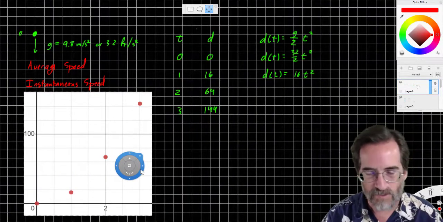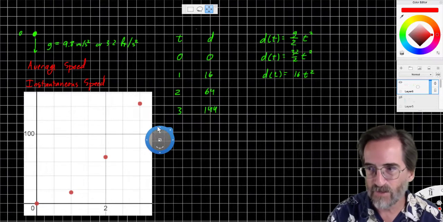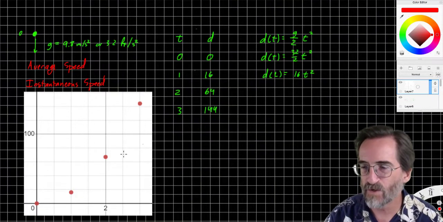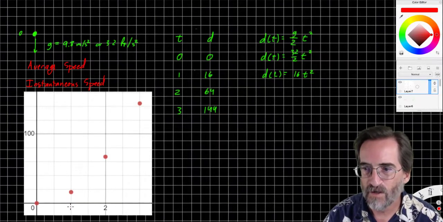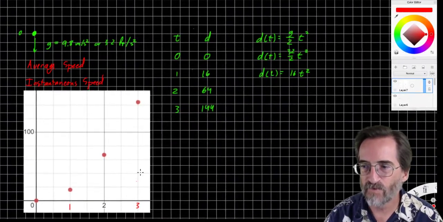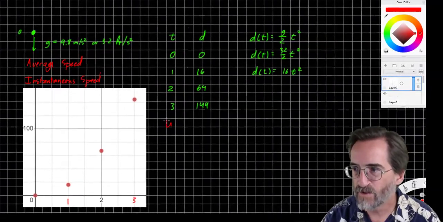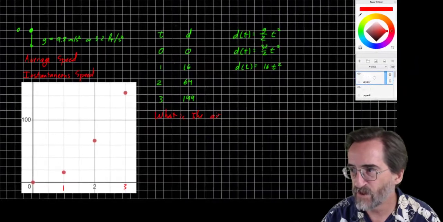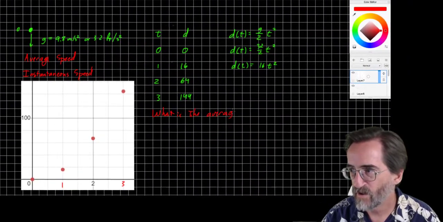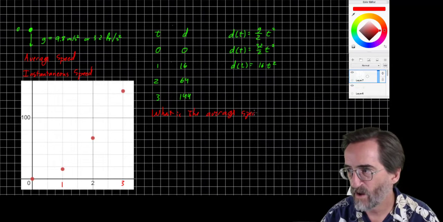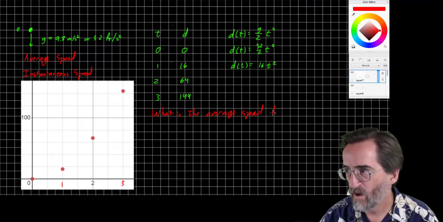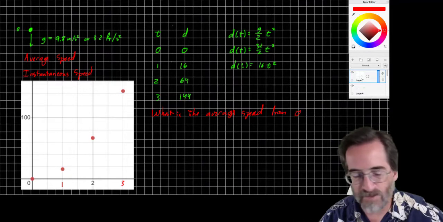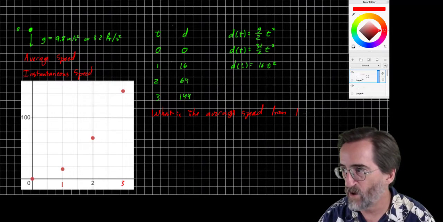Let's say we want to find the average speed between the first and the third second. What is the average speed or velocity from 1 second to 3 seconds?